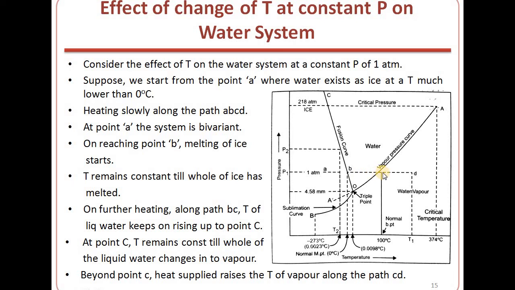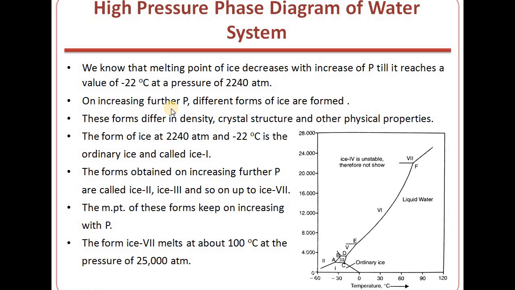At point C, the temperature remains constant till the whole of the water is converted to vapor. Beyond point C, the heat supplied raises the temperature of the vapor along path CD. So this is the effect of change of temperature at constant pressure on the water system.